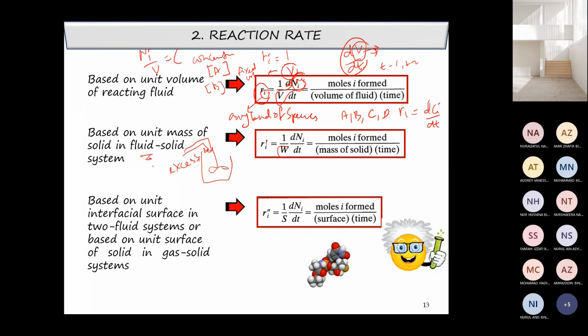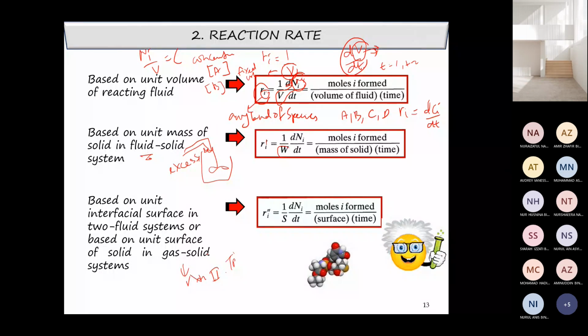Okay, and then we have the basis of unit interfacial surface in a two-fluid system, or based on unit surface of solid in a gas-solid system. Okay, so usually this applies to different kinds of reactors. Okay, this one you will usually learn in Reaction 2.